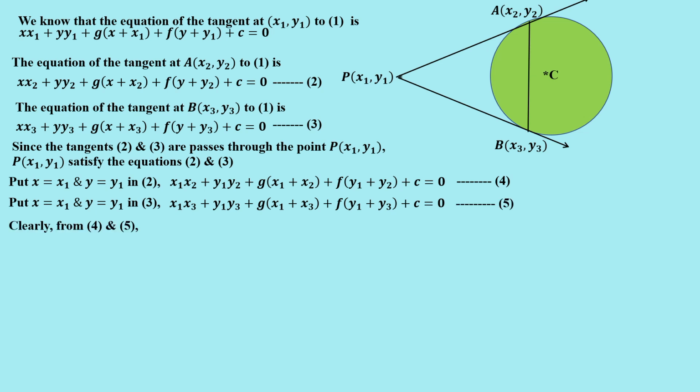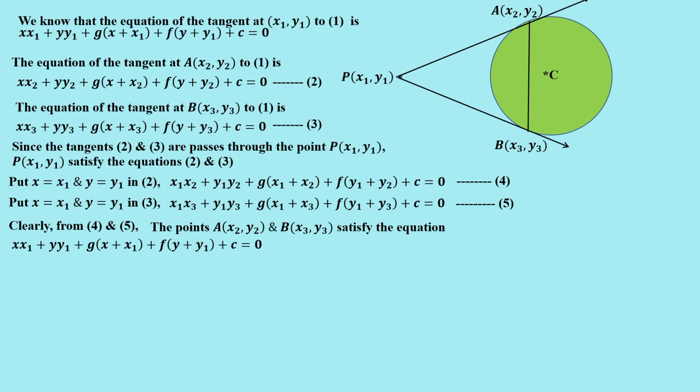So clearly from 4 and 5, the points A(x2, y2) and B(x3, y3) satisfy the equation x x1 plus y y1 plus g(x plus x1) plus f(y plus y1) plus c equal to 0, right? So in 4 and 5, what are the common terms?